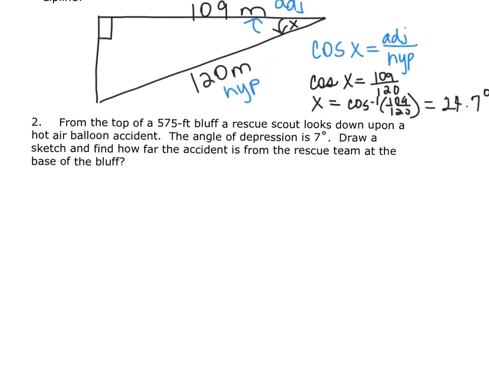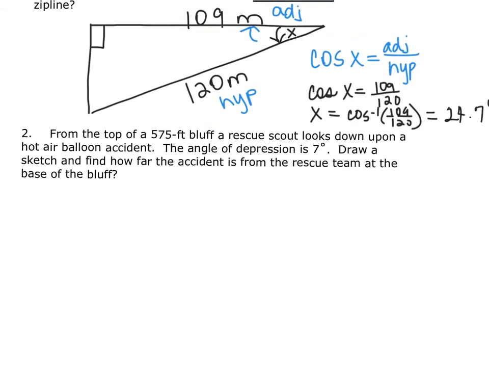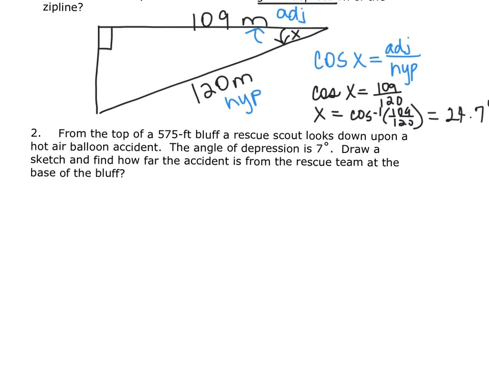From the top of a 575-foot bluff, a rescue scout looks down upon a hot air balloon accident. The angle of depression is 7 degrees. Draw a sketch and find how far the accident is from the rescue team at the base of the bluff.